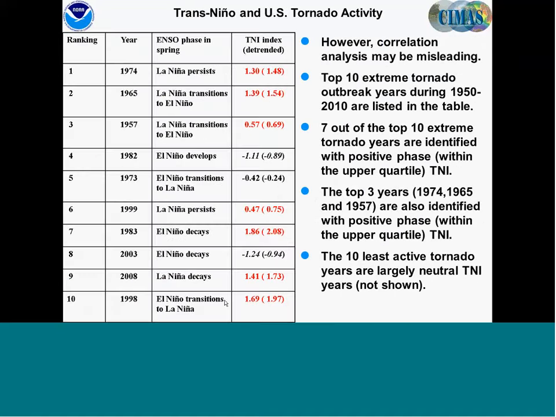We just looked at the top 10 extreme tornado outbreak years between 1950 and 2010, and they are all listed in this table. Number 1 was 1974, number 2, 1965, and so on and so forth, all the way to number 9, that is 2008, which was also an outbreak year, and then 1998.